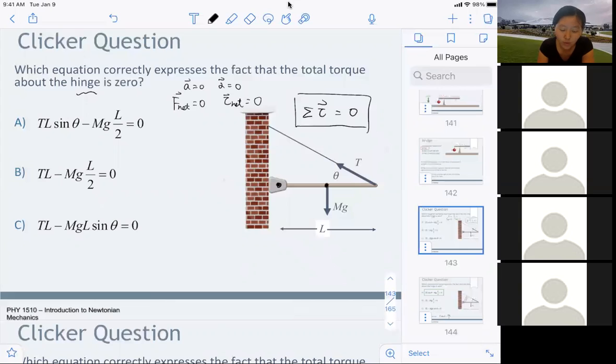So which one of these correctly represents the sum of all the torques being equal to 0? I'm going to go ahead and let you vote.